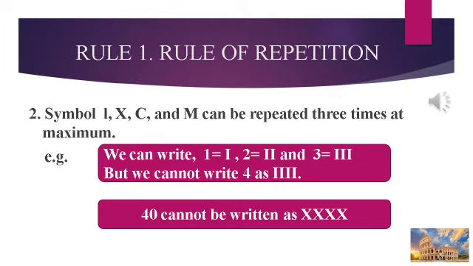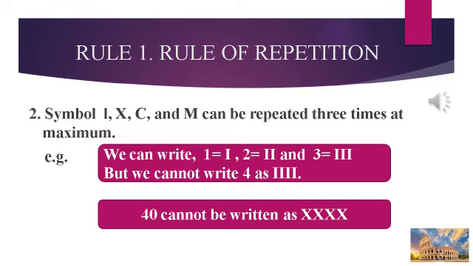Second rule in rule of repetition. Symbols I, X, C and M can be repeated 3 times at maximum. For example, we can write 1 is equal to I, 2 is equal to II, and 3 is equal to III.